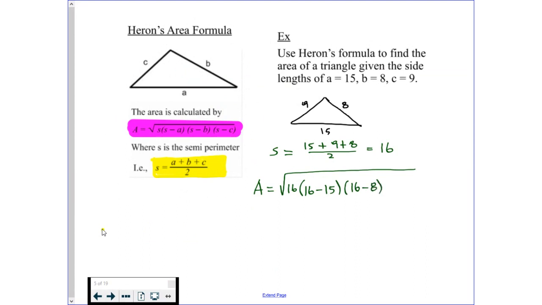And 16 minus C, which is 9. We don't have units, so whatever unit, just state unit squared. Okay, now let's evaluate this. So this equals the square root of 16 times 16 minus 15, which is 1, 16 minus 8 is 8, 16 minus 9 is 7.